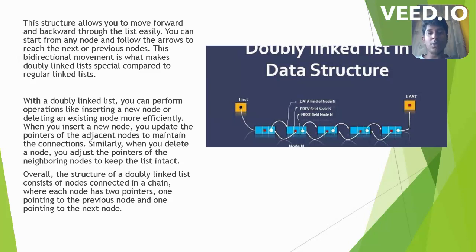When you insert a new node, you update the pointers of the adjacent nodes to maintain the connections. Similarly, when you delete a node, you adjust the pointers of neighboring nodes to keep the list intact. Overall, the structure of a double linked list consists of nodes connected in a chain where each node has two pointers, one pointing to the previous node and one pointing to the next node.